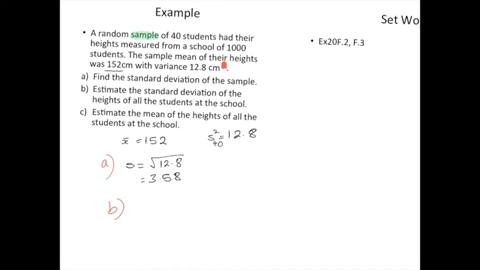B. Estimate the standard deviation of the heights of all the students at the school. So what's the symbol for the standard deviation for the population? That weird squashed 6 thing, yes. It's called sigma. Girls, do you remember this thing? That's capital sigma.